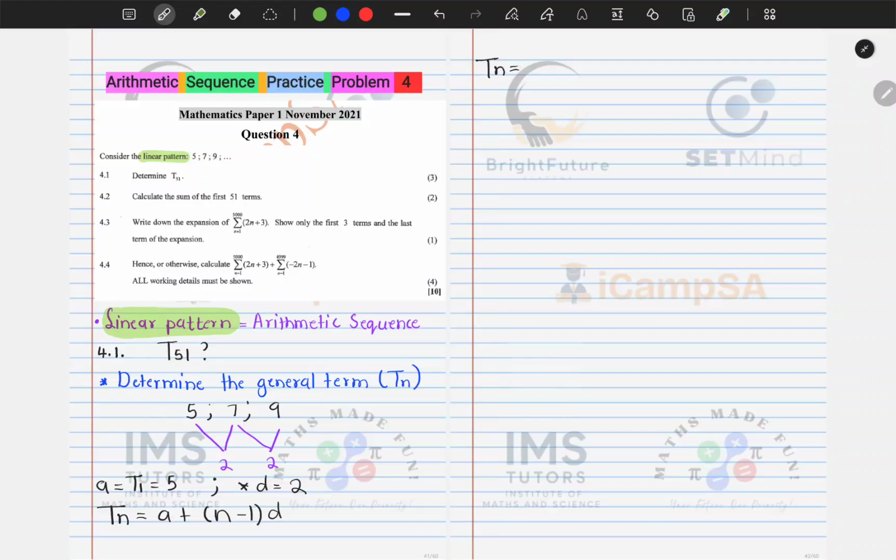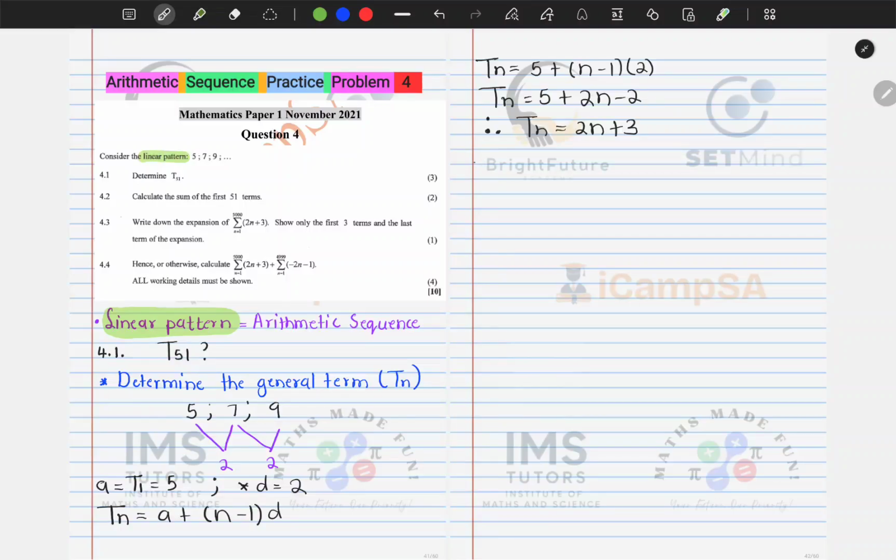So our Tn will be, the value of A is 5, plus n minus 1 multiplied by 2. So you will see that our Tn will be 5 plus, when we multiply the 2, 2n minus 2, which means our final answer for Tn, the general term, will just be 2n plus 3, because we'll have 5 minus 2.